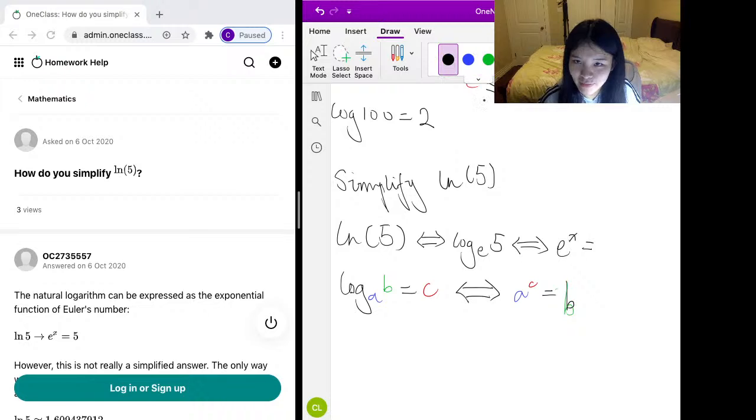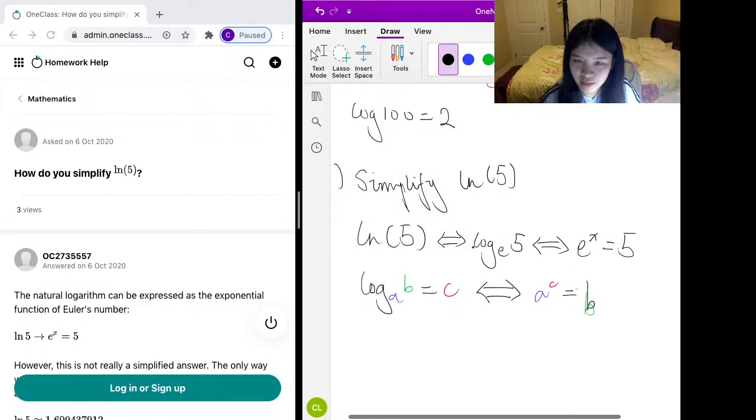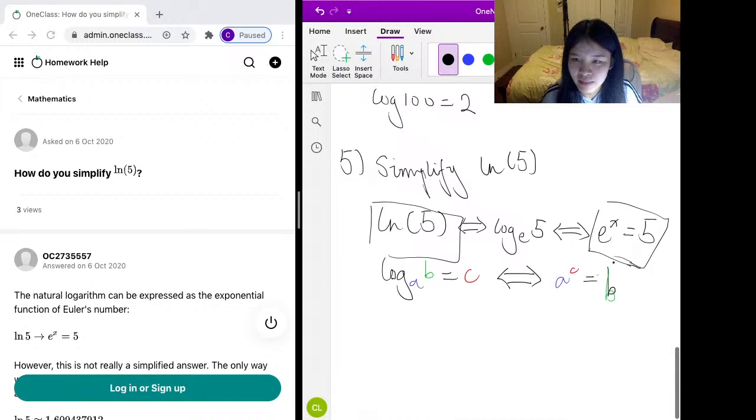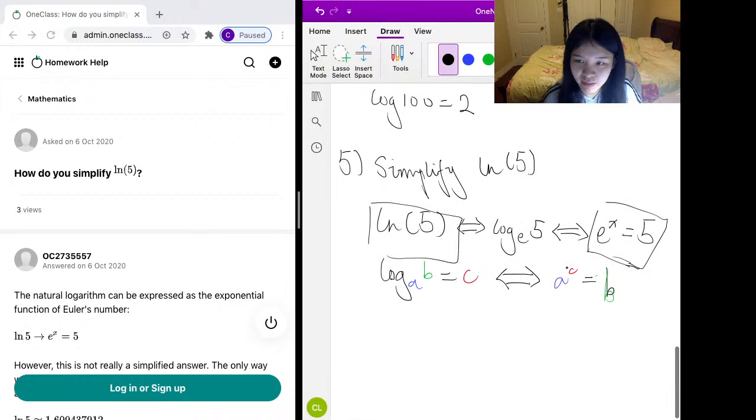So these two expressions are equivalent. This is another way that we can write this expression, but it's not necessarily a simplification.